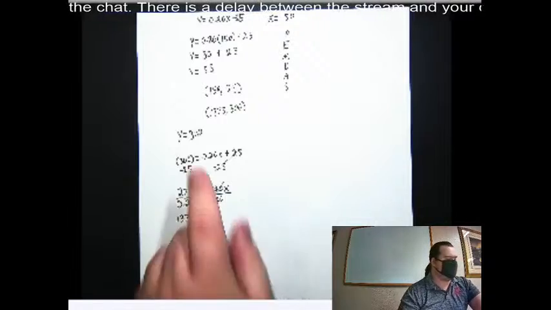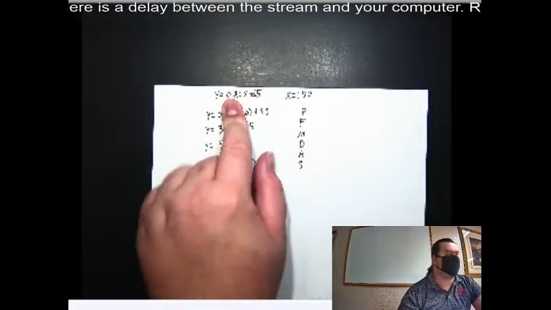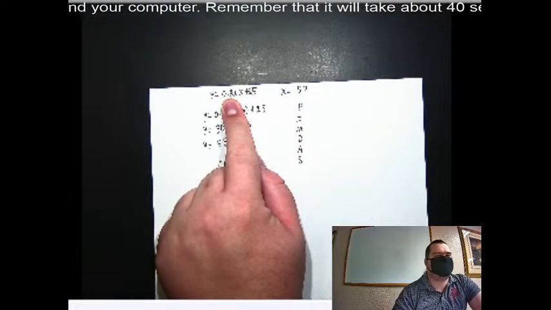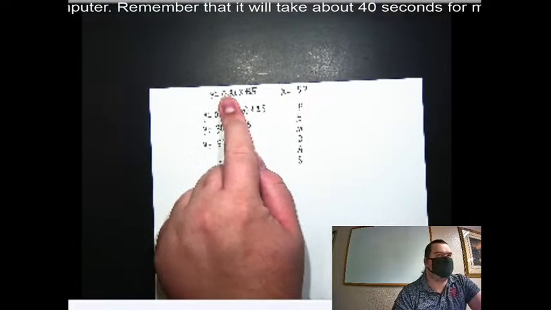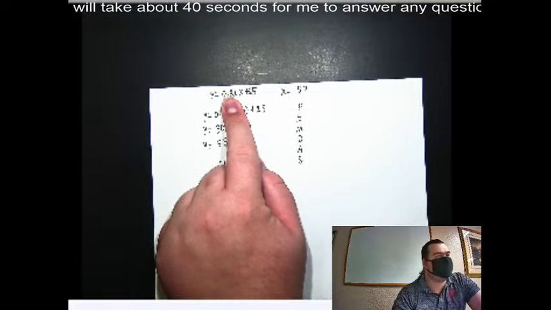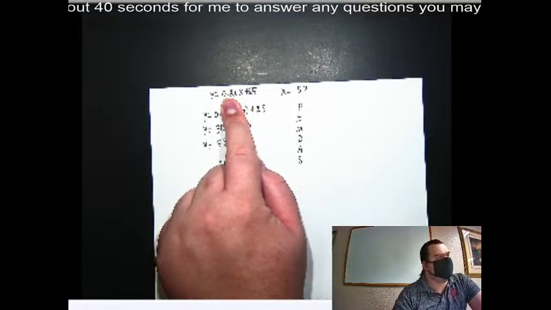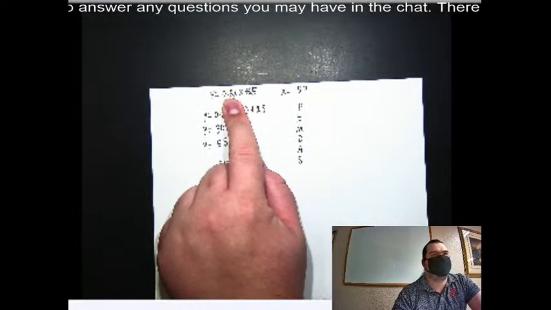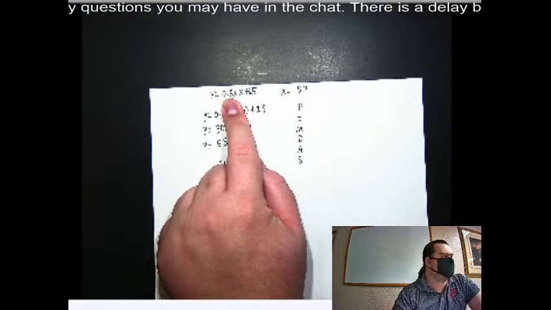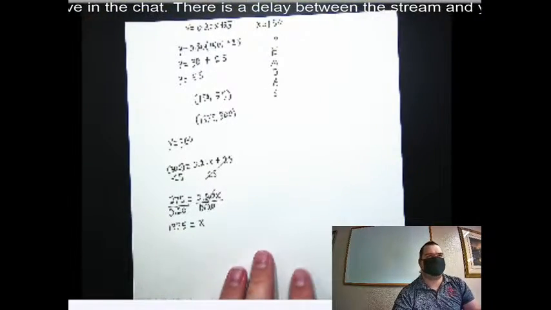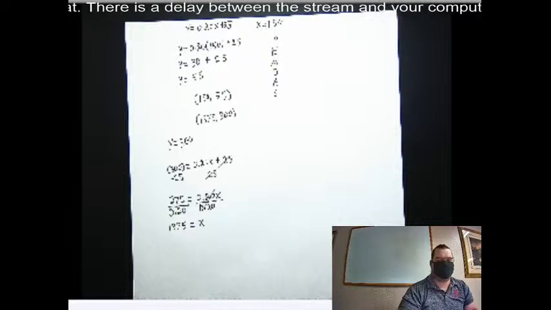Like again, I said, m, which is this number right here, tells you what direction the model is going. So is it increasing or decreasing? And the way you can tell easily by looking at m is if it's positive. If m is positive, it's increasing. If m is negative, it's decreasing. And then the number itself tells you how fast it's increasing or decreasing. So let's go ahead and look at that on a graph. Any questions before we move on though?